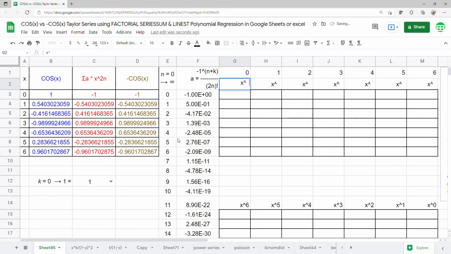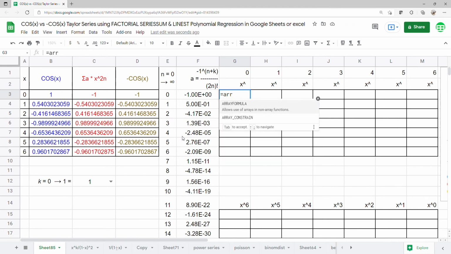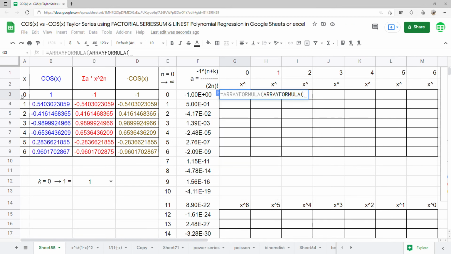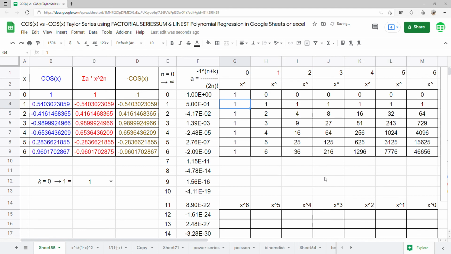And the elements of the LINEST matrix, array formula of the x values raised to the power 0 to 6. We have just completed the LINEST polynomial matrix. Now we can calculate the polynomial regression coefficients.